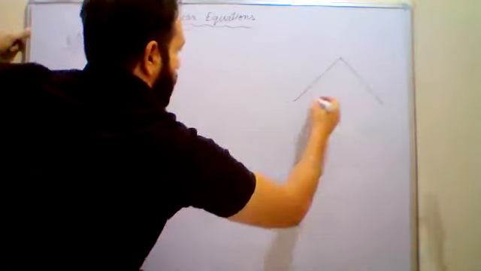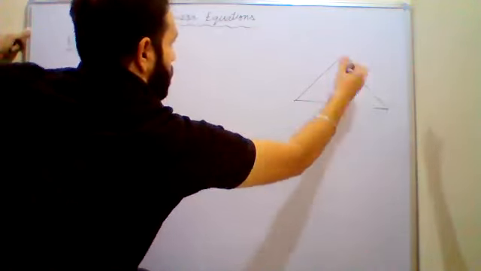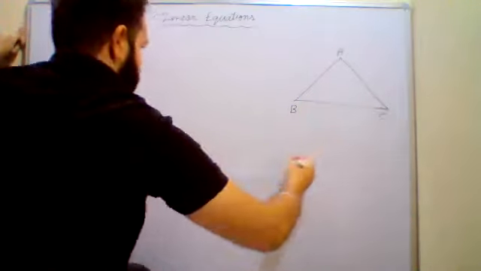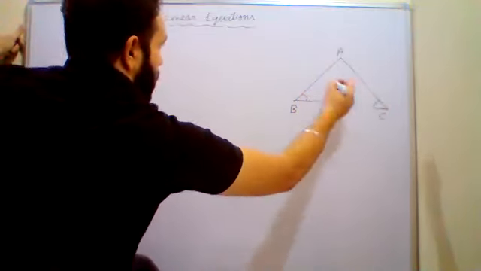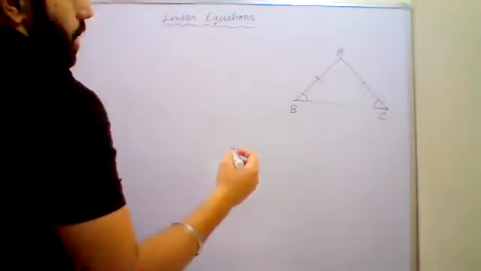You can make a triangle like this. So there is a triangle ABC where the base angles are equal. In an isosceles triangle, the base angles are equal.